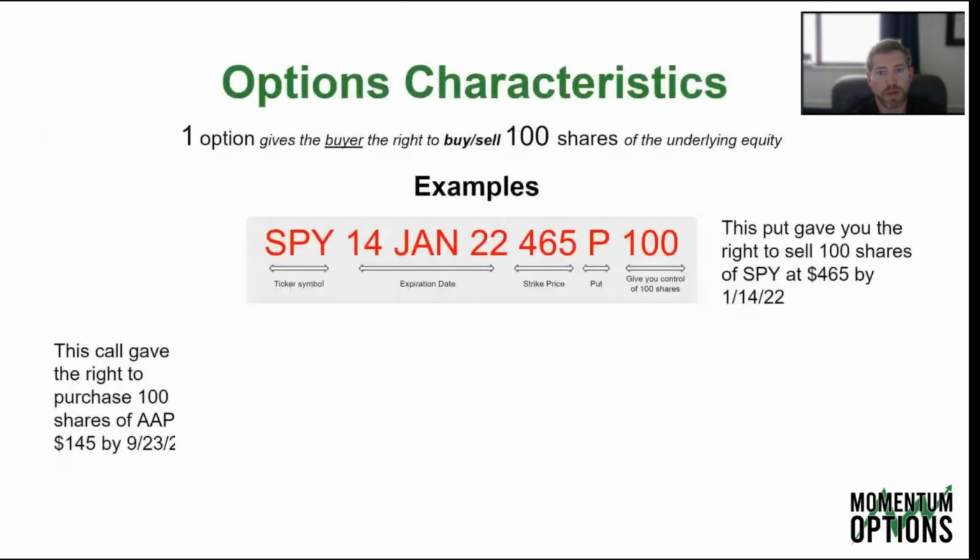Okay, so whenever we see this written out, for example, you might see SPY January 14th, 2022, 465 put, controlling 100 shares. Okay, so that's simply how it will be written out.